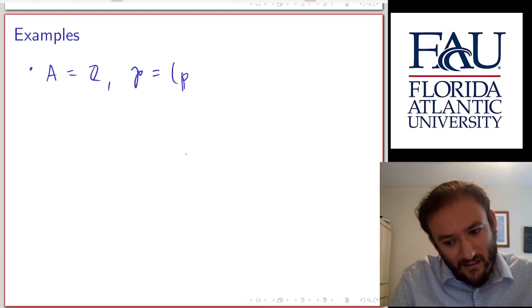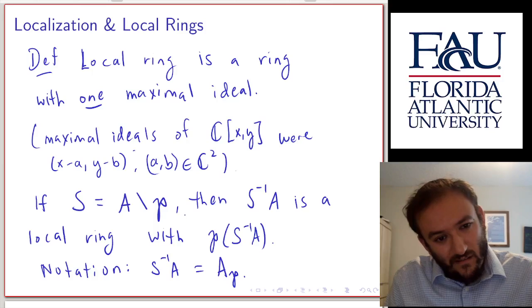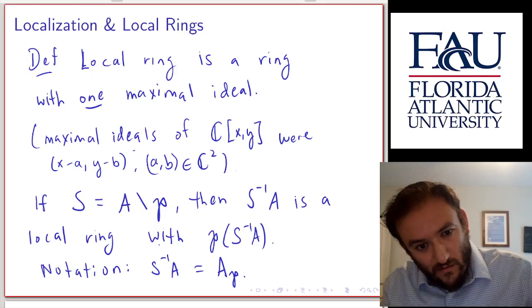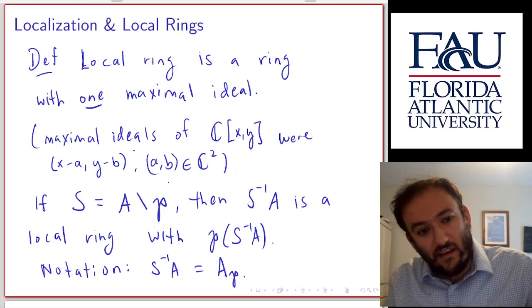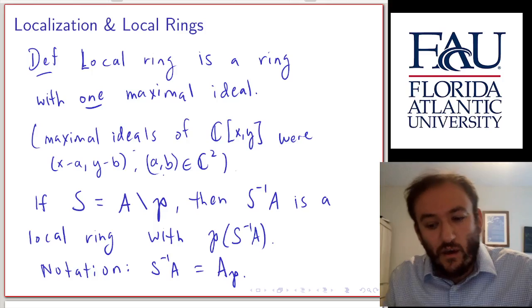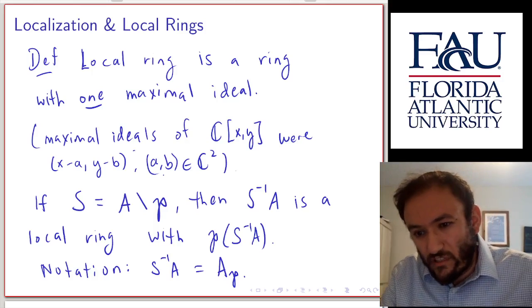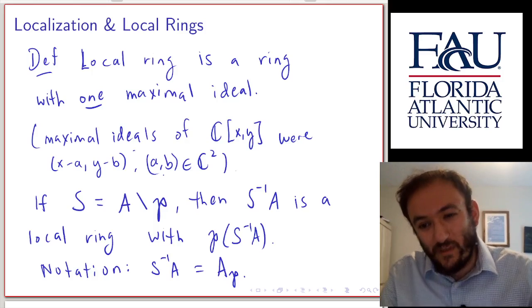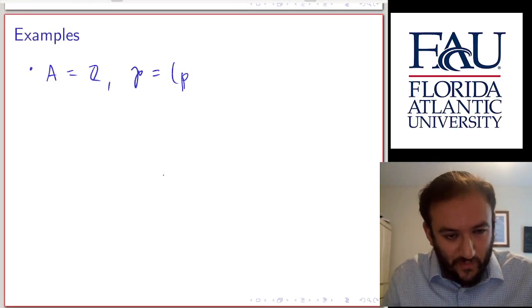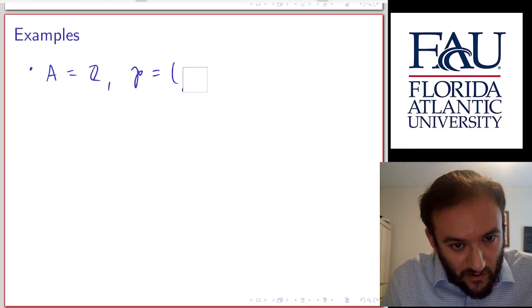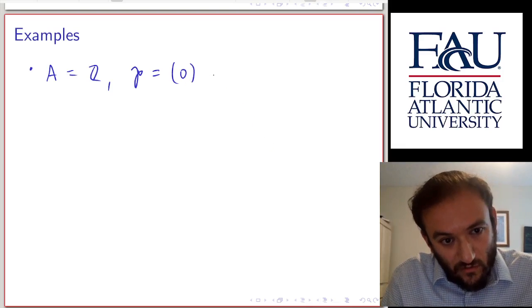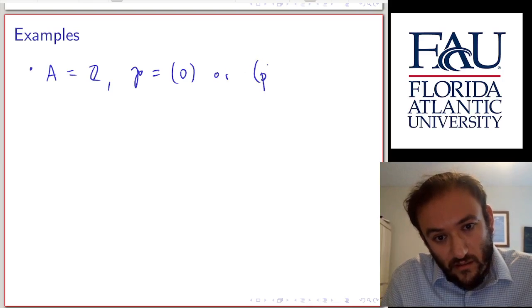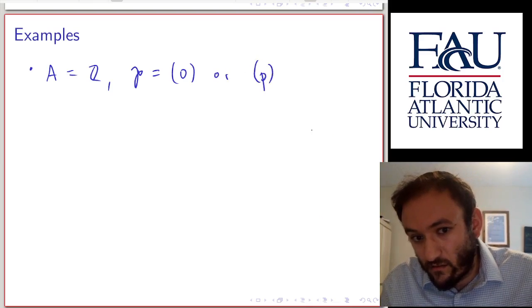I guess fields are, strictly speaking, local rings because their maximal ideal is 0. So P can either be 0 or the ideal generated by a single prime.